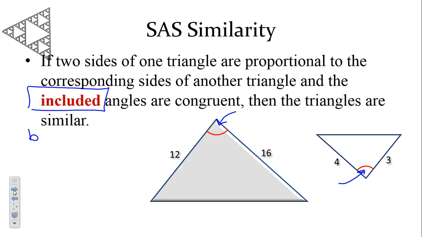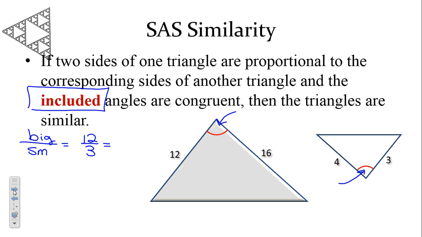Okay, if we decide we're going with big to small, then we have to start out with our big triangle. Which of those two sides do you want to use first? 12. Okay? 12 is the smaller one. This is the little brother of these two sides. Which one's the little brother of these two? 3. So you have to put the 12 over 3.